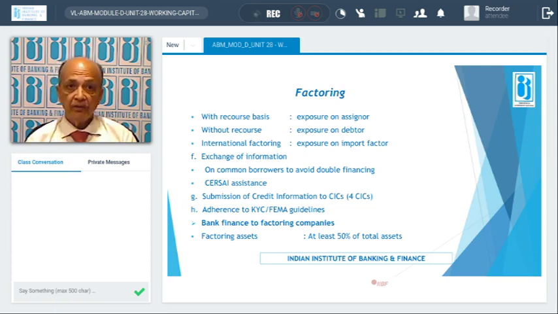So in the case of with recourse, the risk or exposure is to be treated on the assigner. And without recourse, it should be exposure on the debtor, that is, on whose behalf we have considered the factoring facility. So this is the difference between these two.